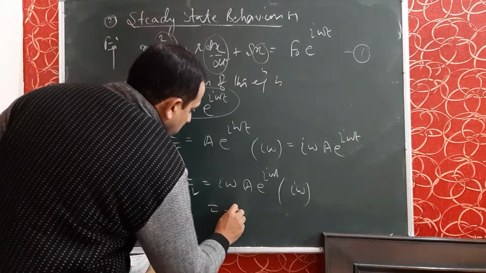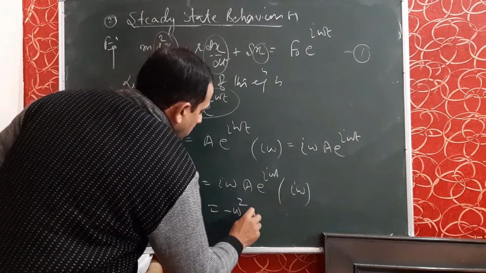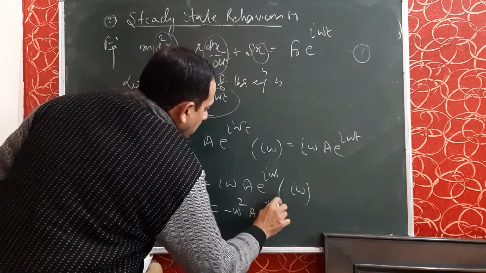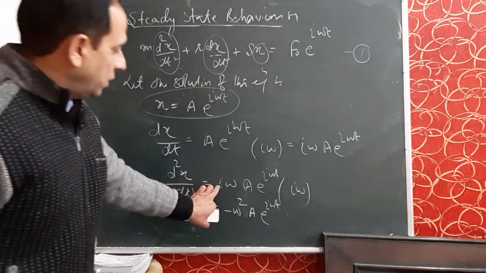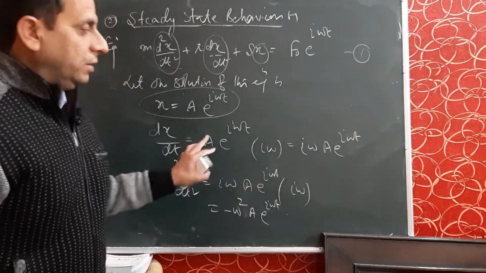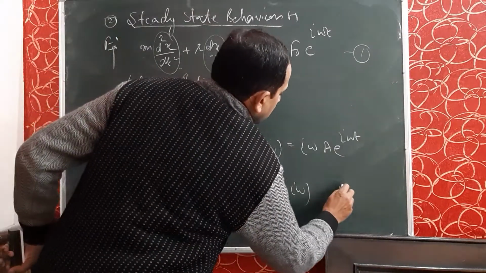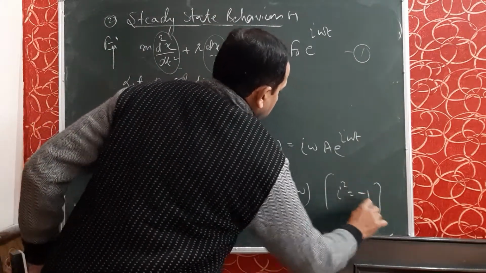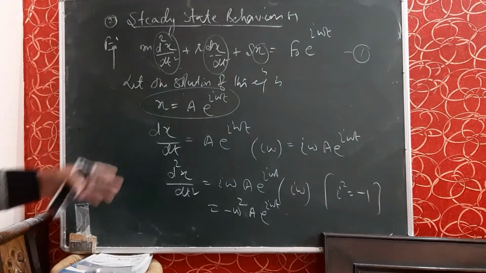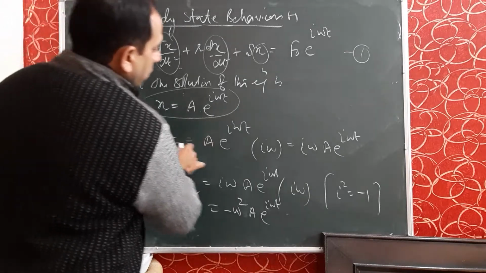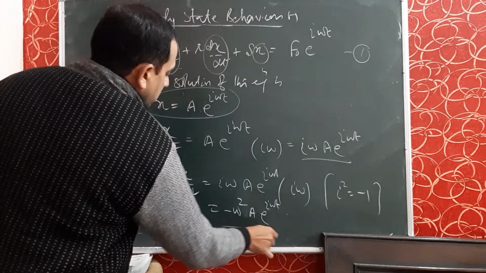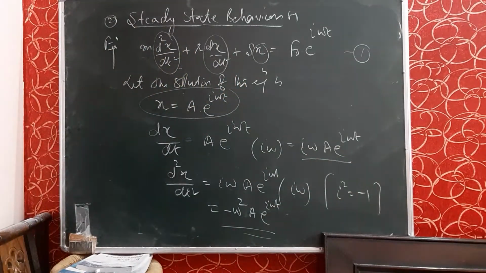So, it is minus omega square a e power iota omega t. So, this is the value of x, this is the value of the first derivative of x and this is the value of the second derivative of x.